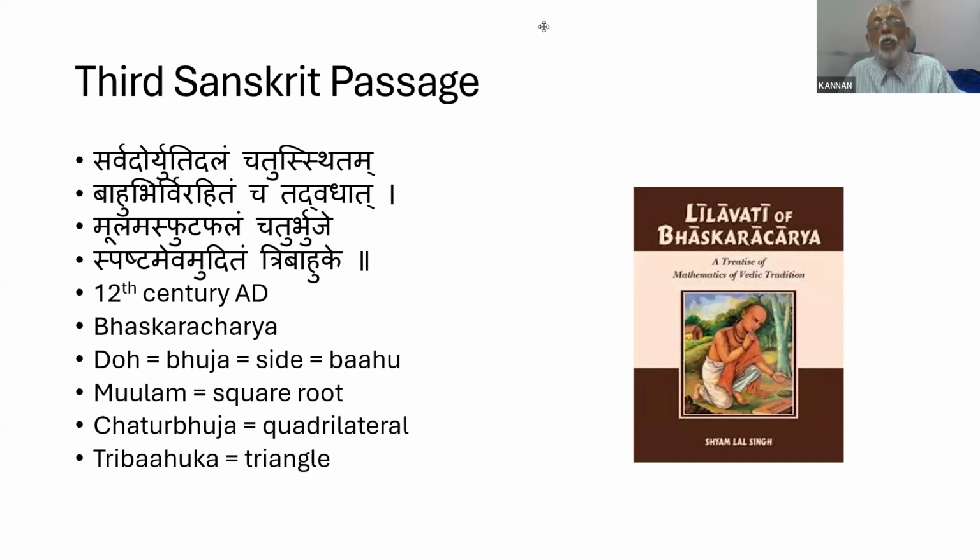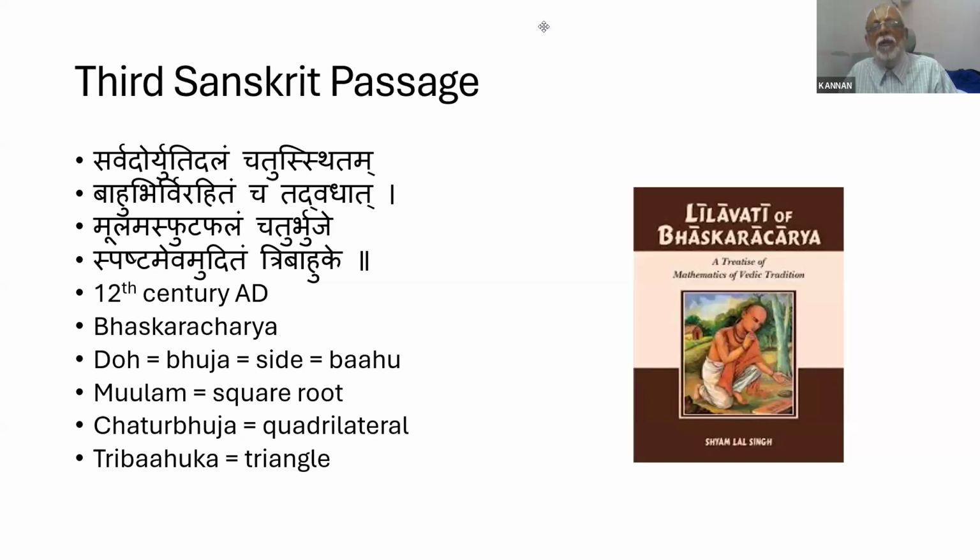Sarva doho. Doho is a new word he is using. Doho means doho, bhujam, bahus. All of them mean side of a polygon. Sarvadoho, take all the sides. Yuti, add them. Dalam, take the half of that. Chatuschitam, keep it in four places.